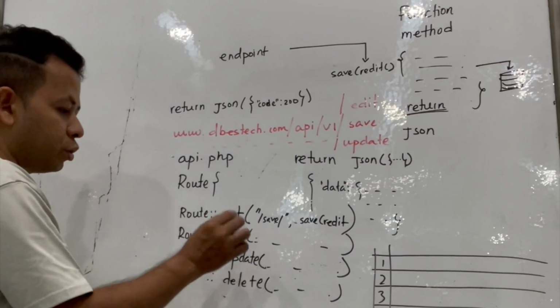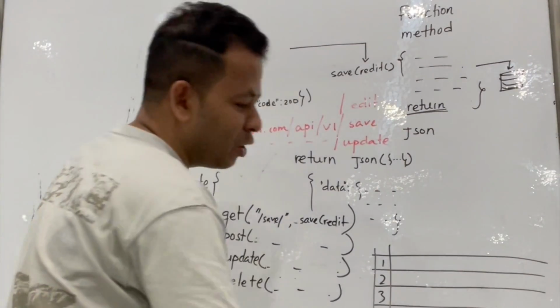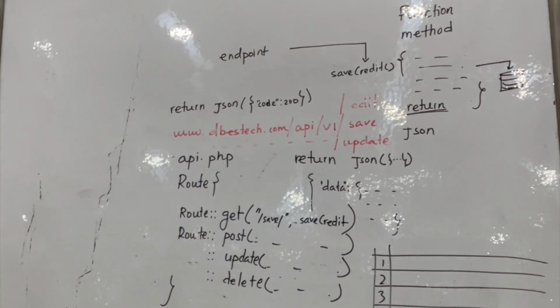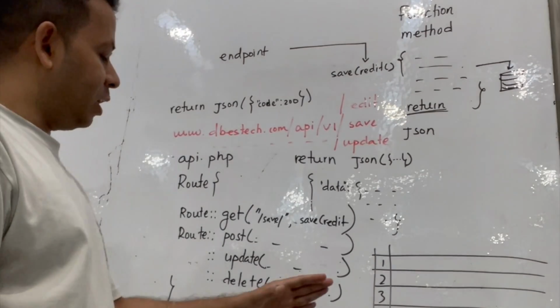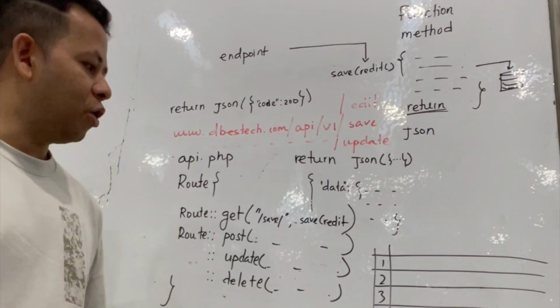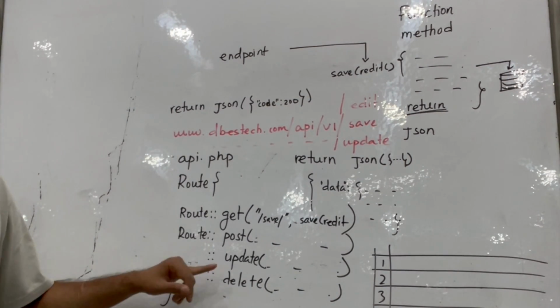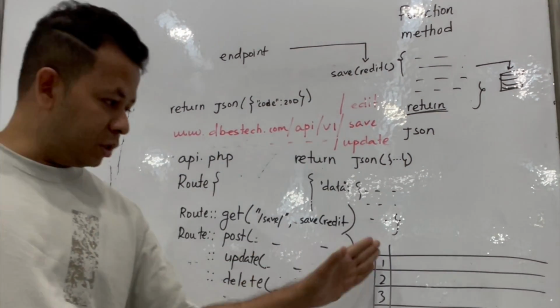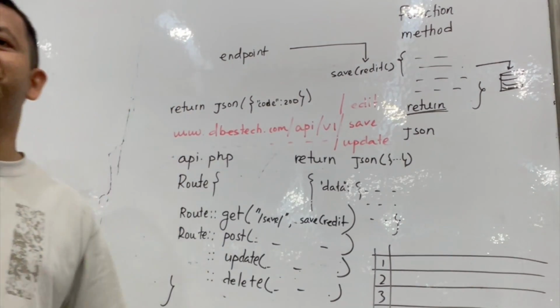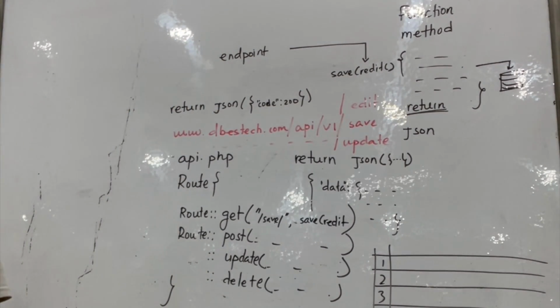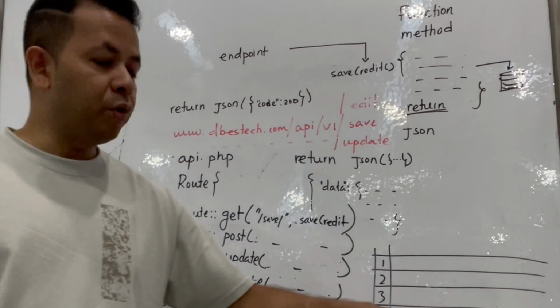But when you post, most of the time you create a new one, okay? Updating, deleting, and getting work on existing rows in the database. But posting is always about actually creating a new one. Post also creates a new row in the database.